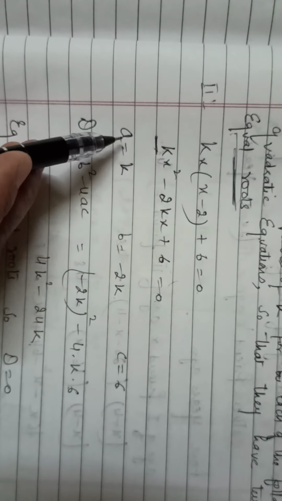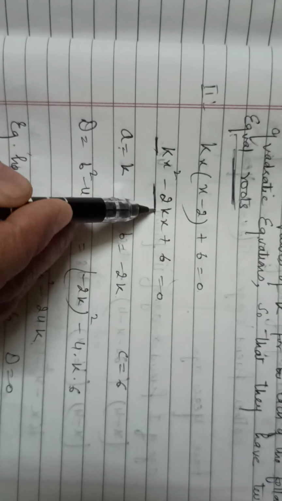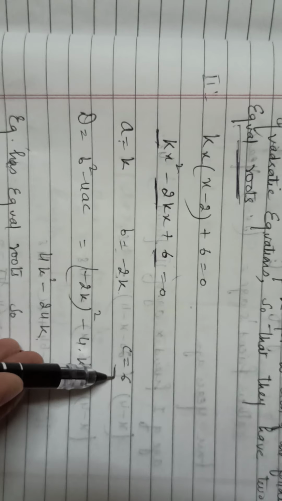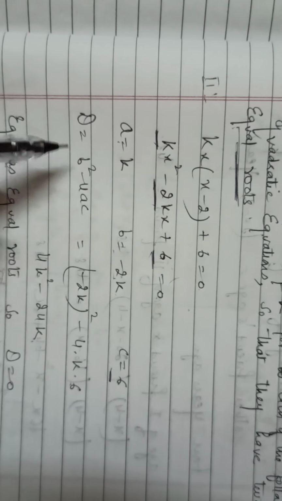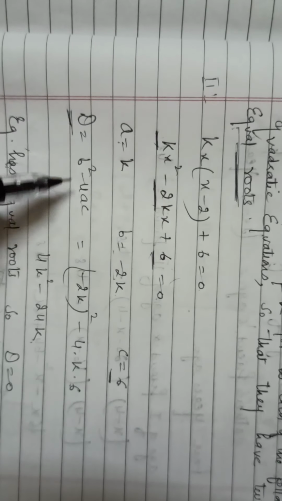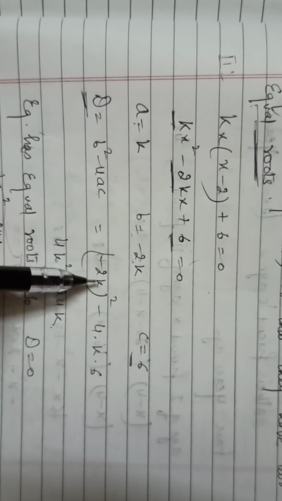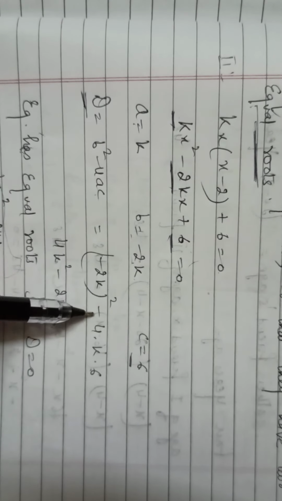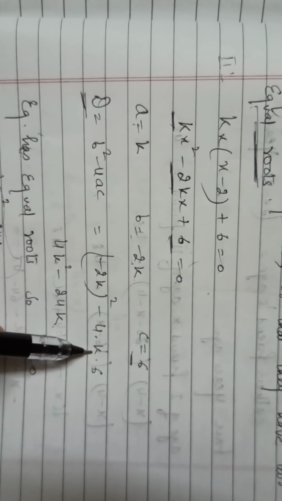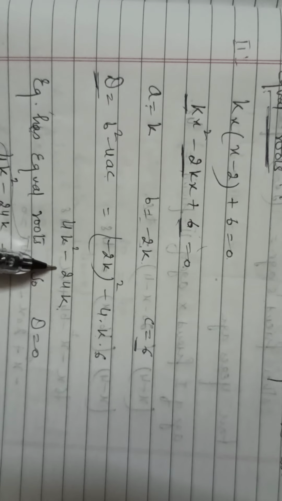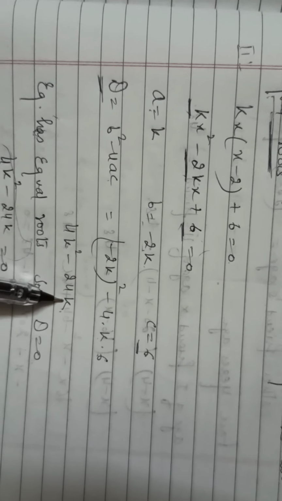A is k, b is minus 2k, and c is 6. Clear? We have to find d. D is b square minus 4ac. B square means minus 2k whole square, minus 4 into a is k, c is 6. 4k square minus 24k.